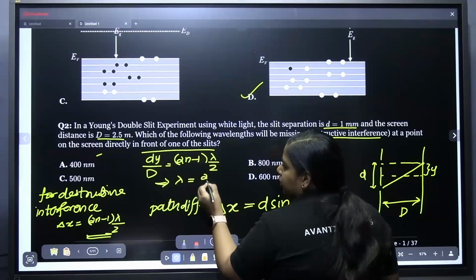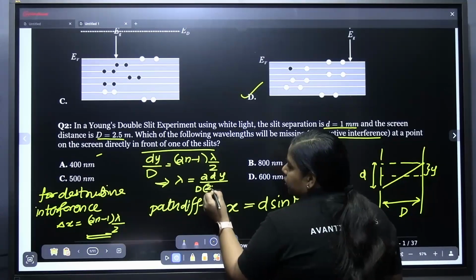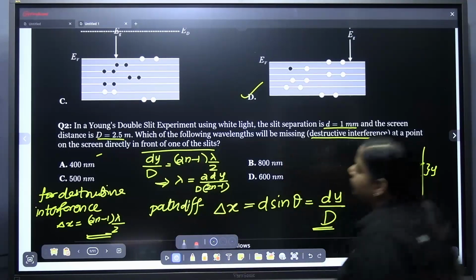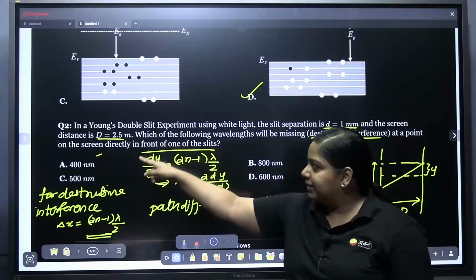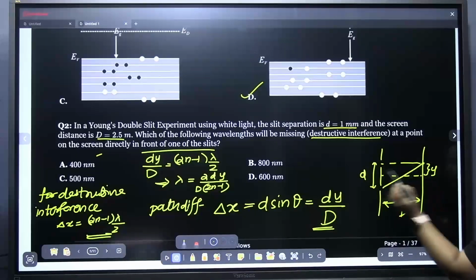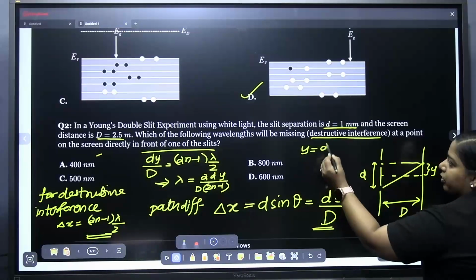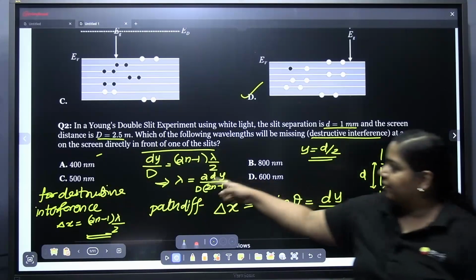From this solve for lambda. Lambda equal to 2 d y divided by D into 2n minus 1. In this, small d is given, capital D is given, y they are saying is directly in front of one slit, so y equal to d by 2. So all the values are given.